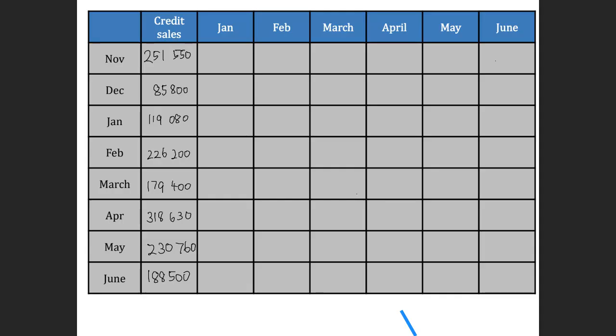Here, the sale takes place in the month of November, but you are looking at, is there anything that would have either been received in January, in February, in March, April, May, or June? So that is why we are starting off with November. It's the first month, and it's potentially going to be that some of this amount of money is received in any one of those months going across.